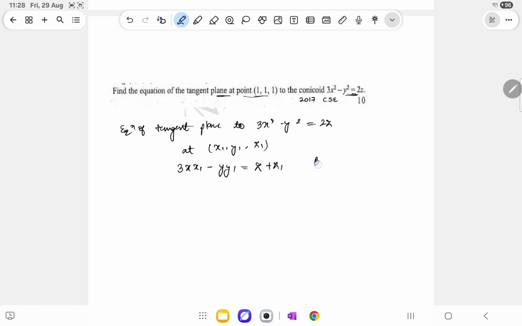But I am supposed to find the tangent plane at 1, 1, 1. So I can take my x1, y1, z1 as 1, 1, 1. So I'll get 3x minus y minus z is equal to 1 as the tangent plane to the given conicoid. So let's move on to the next question.